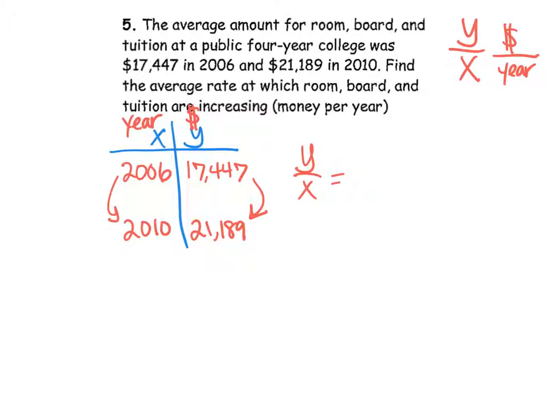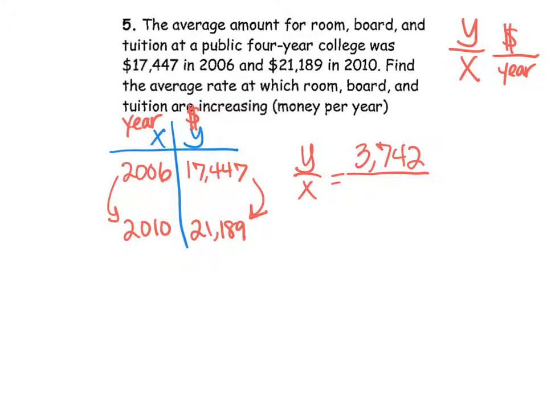How much money did it increase from 17,447 to 21,189? 3,742. Okay, somebody's voice needs to be clearer. I heard the 3,000. 3,742.